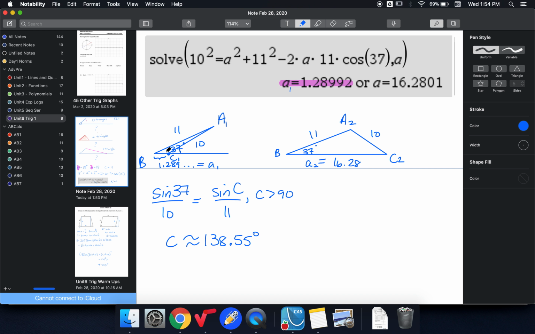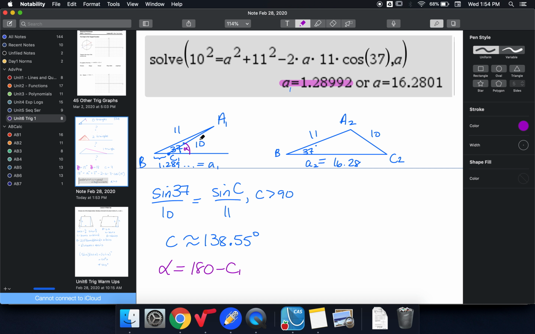All right, that means that this angle here, so right there, I'm going to come in and call that alpha. So angle alpha is 180 minus C1, because that's a straight line there.